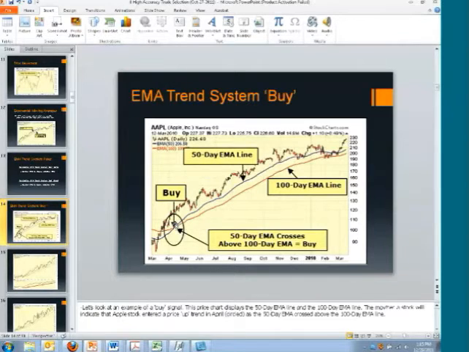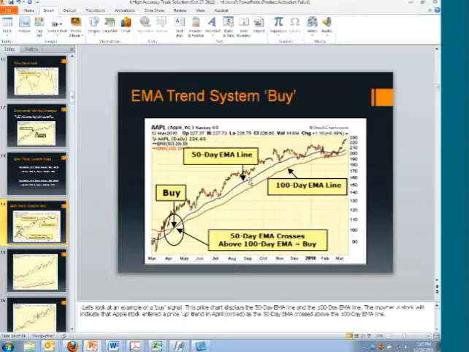So Apple became a buy right here when the 50-day crossed above the 100-day. And we can see that the 50-day remained above the 100-day. And as long as the 50-day is above the 100-day, this system is on a buy signal.